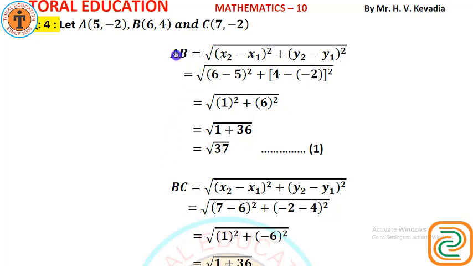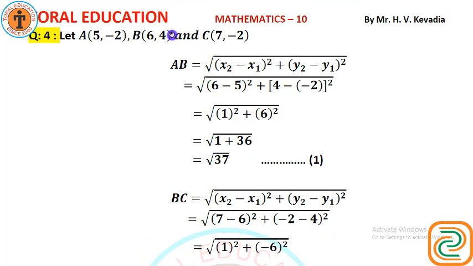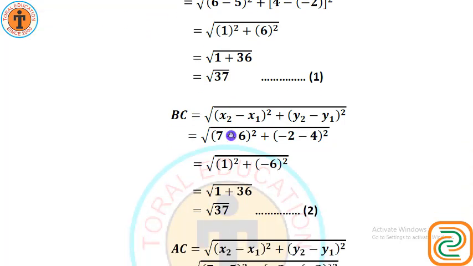Here AB, root x2 minus x1 whole square plus y2 minus y1 whole square, 6 minus 5 whole square, and 4 minus minus 2 whole square, that is 6, and 6 minus 5 that is 1, 1 whole square plus 6 whole square, 1 plus 36, that is root 37. Now BC, 7 minus 6 whole square, minus 2 minus 4 whole square, right? 7 minus 6 is 1, and minus 6 whole square, so 1 plus 36, that is root 37.